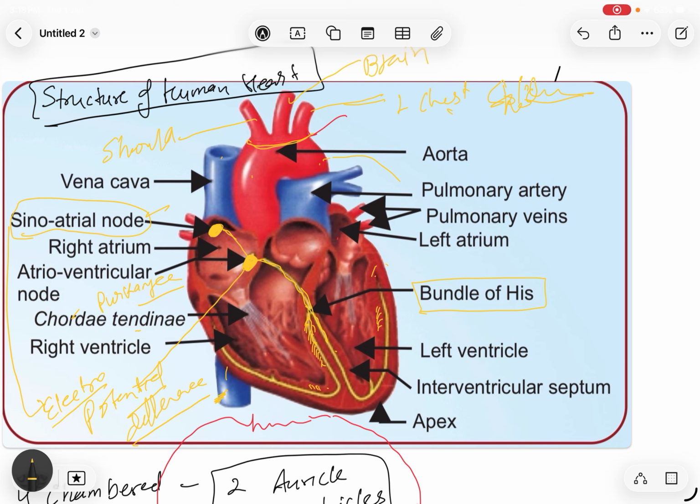These muscles are known as cardiac muscles. And these muscles have one good quality, that they do not undergo any fatigue.